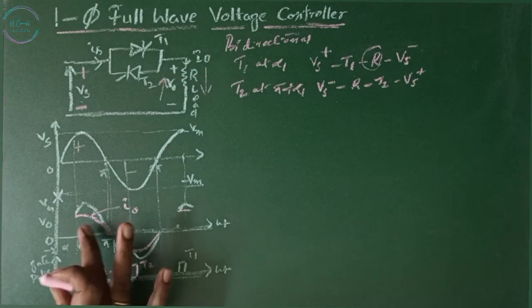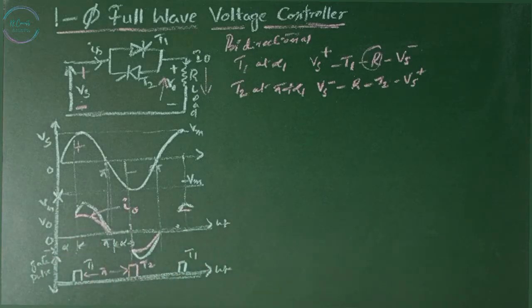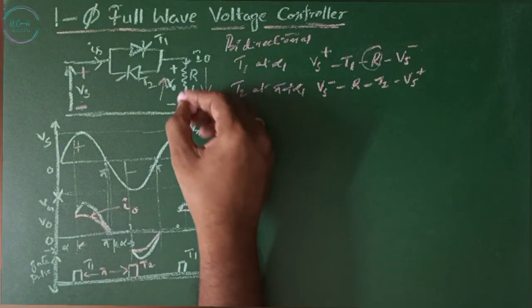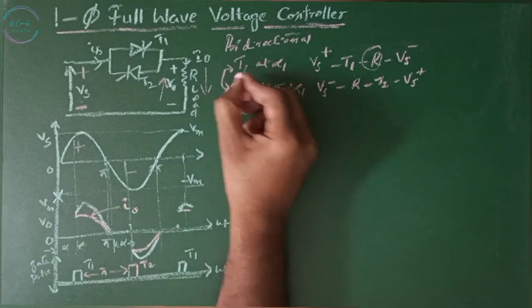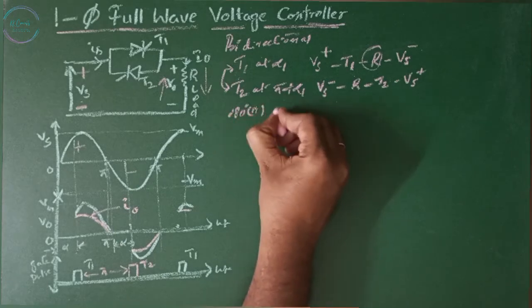That is why we are going to get a positive output as well as a negative output in an AC voltage controller, whereas in rectifier circuits both will come in the positive only, since the current direction is not going to change. The angle between these two firing times is 180 degrees or pi.